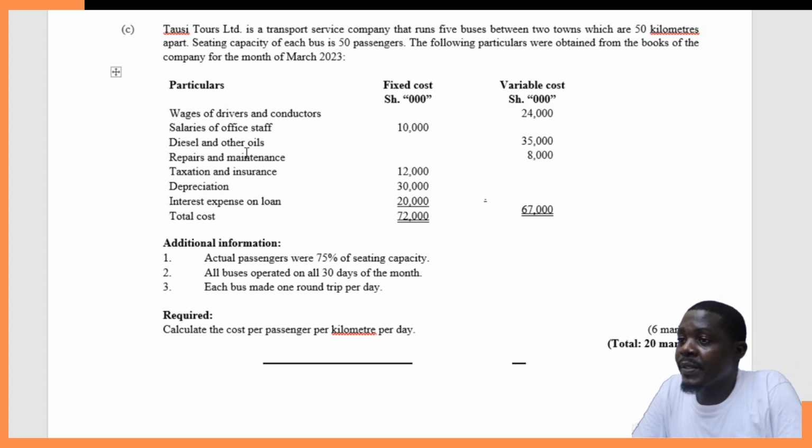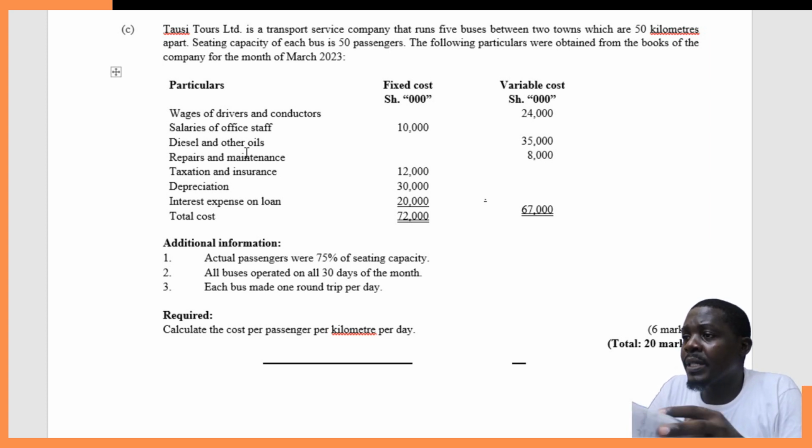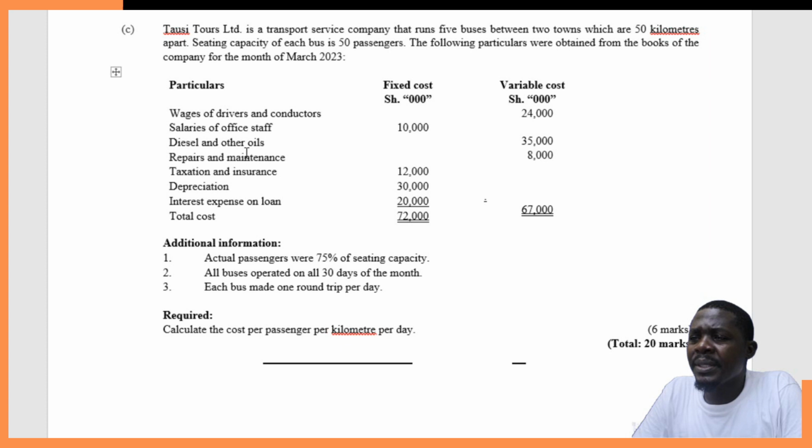Now you're told that a company is a transport service company that runs 5 buses between 2 towns which are 50 kilometers apart. Seating capacity of each bus is 50 passengers, and the following particulars are obtained from the books of the company for the month of March 2023.